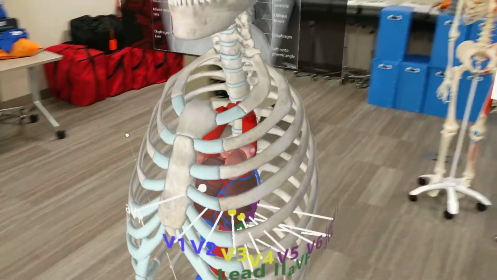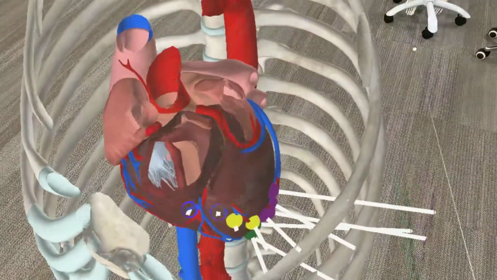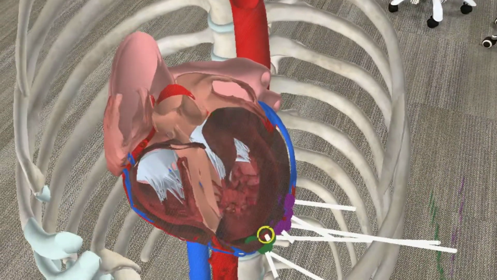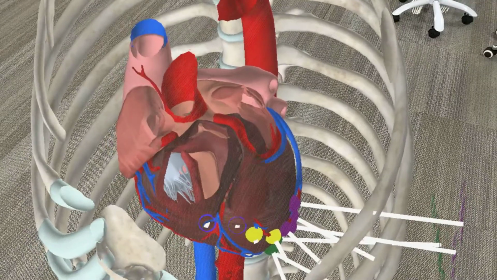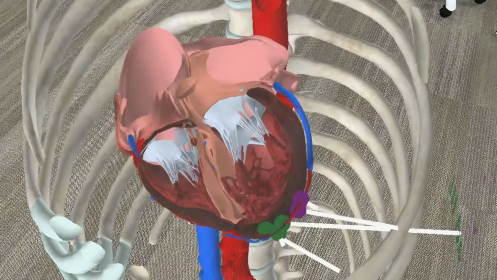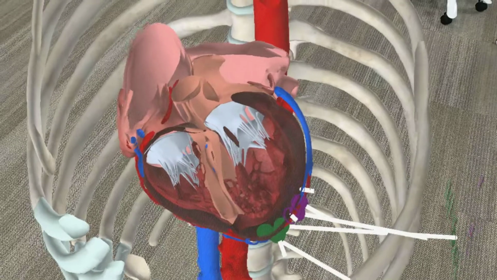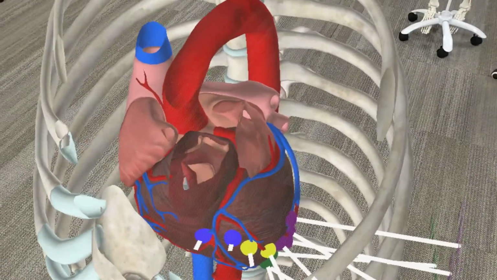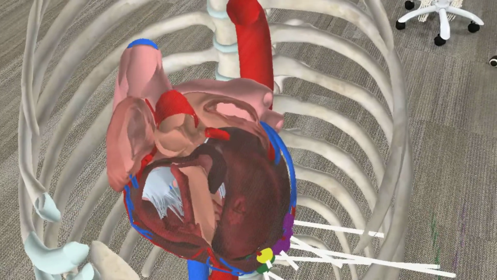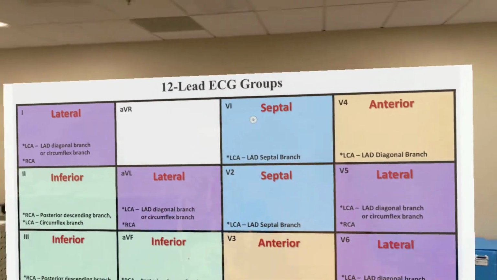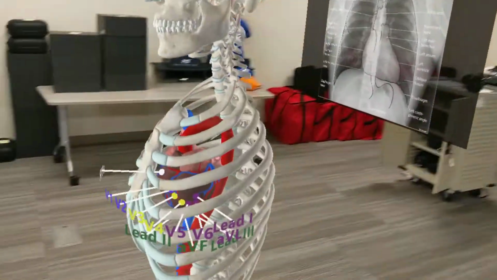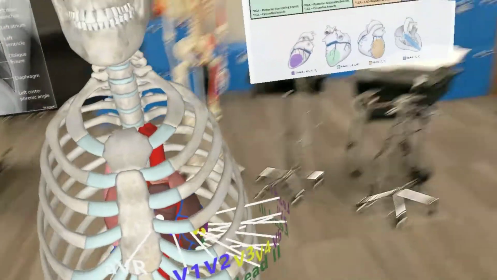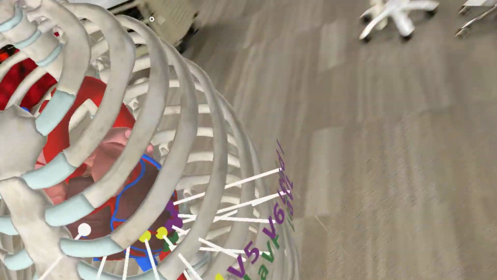V1 and V2, if you look in there, view the septum of the heart, the ventricular septum. You can see how those particular views are looking at both sides of the septum. So that's the septal region here. Okay, that's how it's laid out in the EKG printout.